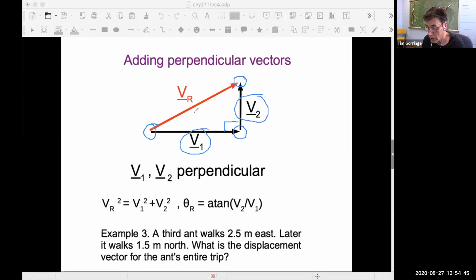And it has a component that's horizontal, it has a component that's vertical. If you want the magnitude of that resulting vector, then you could see here, because this is a right angle triangle, this is the special case, perpendicular. The resulting vector is the hypotenuse of a right angle triangle.